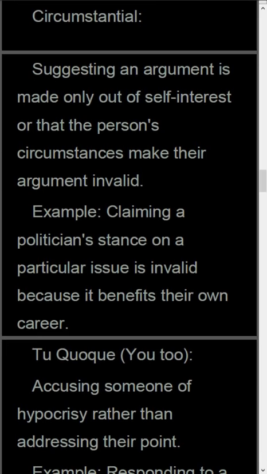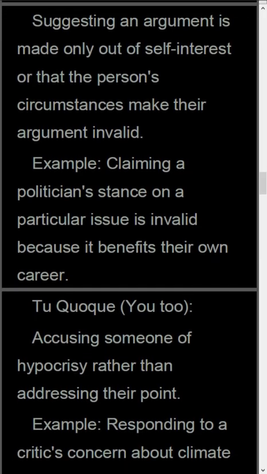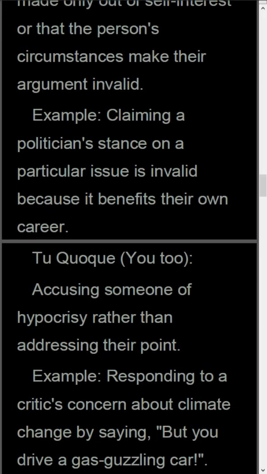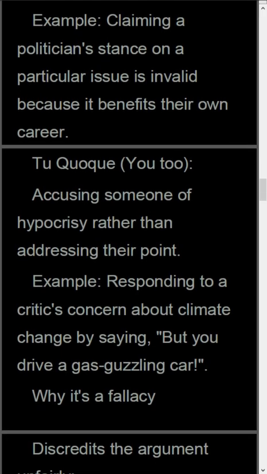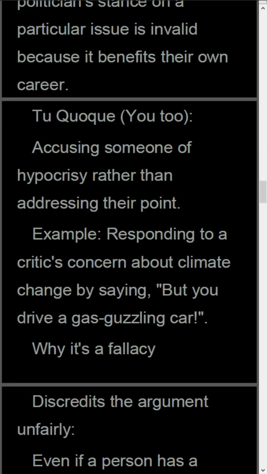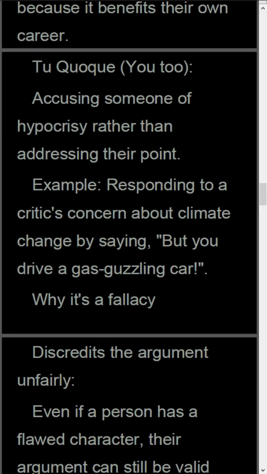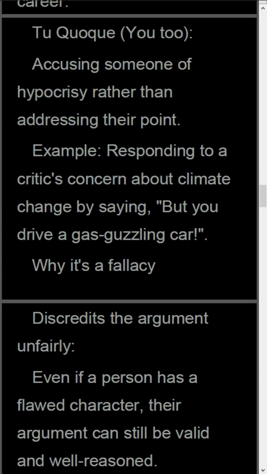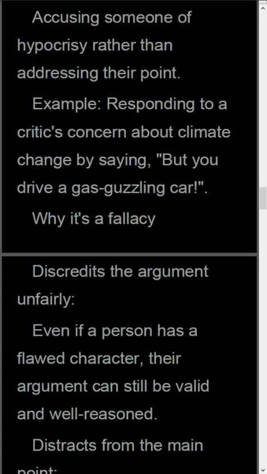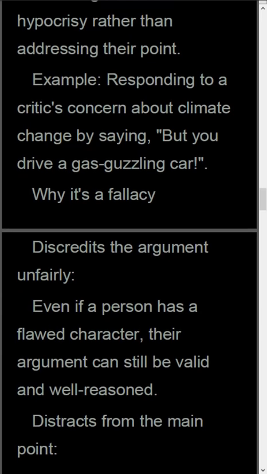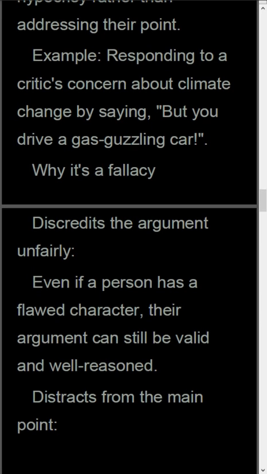Example. Claiming a politician's stance on a particular issue is invalid because it benefits their own career. Tu quoque. You too. Accusing someone of hypocrisy rather than addressing their point. Example. Responding to a critic's concern about climate change by saying, "But you drive a gas-guzzling car."